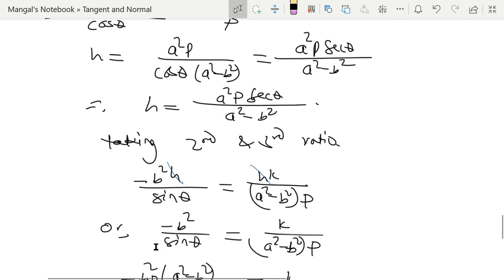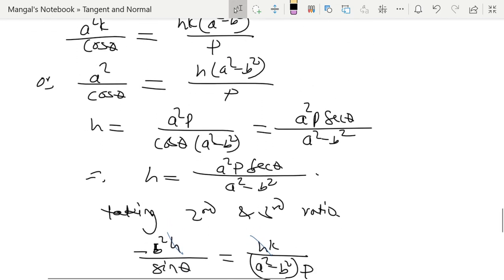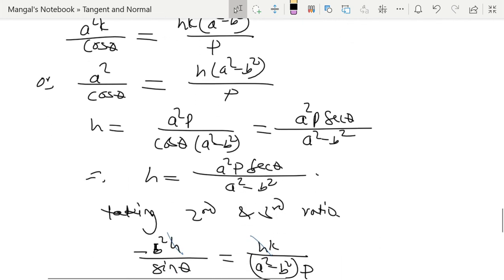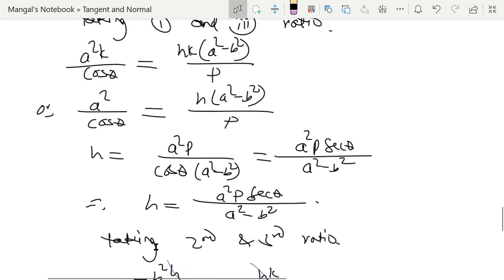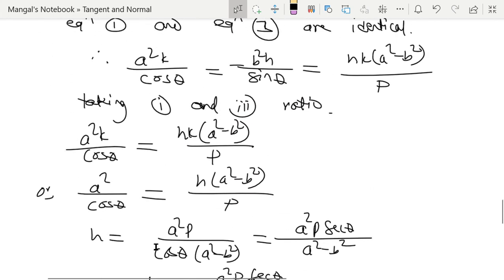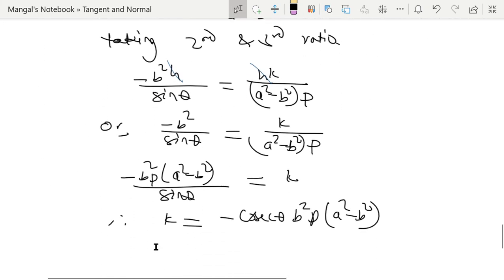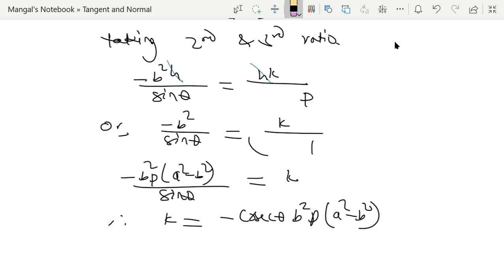And at the bottom, what did I write over here? Oh yeah, a square minus b square was above, I wrote it down over here. So let's correct it. a square minus b square is not down here.